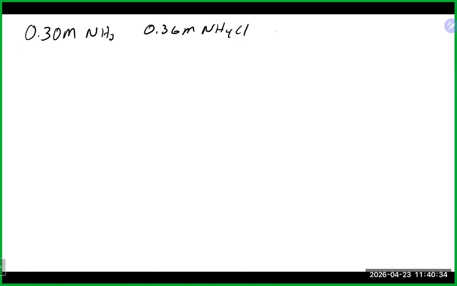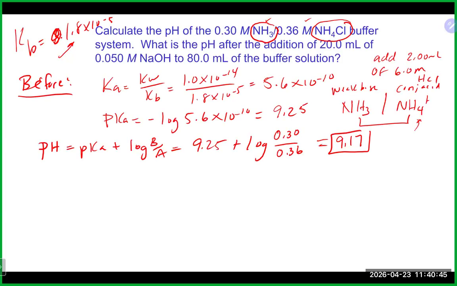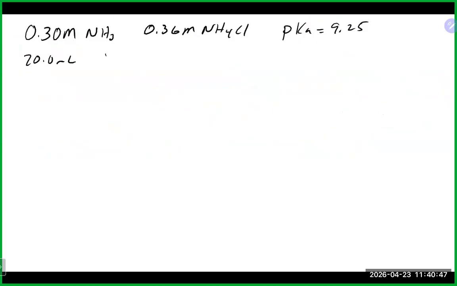We have a pKa still of 9.25. And now we're going to add 20 milliliters of 0.05 molar sodium hydroxide. All right, so clearly here we have our buffer and we have 80 milliliters of our buffer. So we have our buffers in there, and then we're going to add obviously the sodium hydroxide to it.